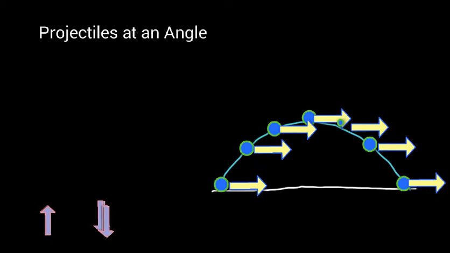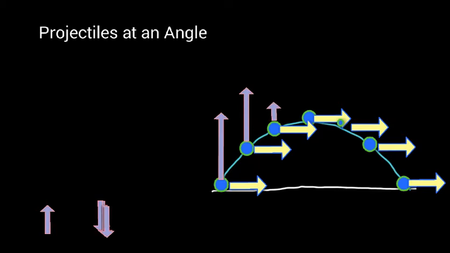However, in the y direction, we'll see that this object begins at perhaps a much faster velocity, and I'll do my best to show that by changing the lengths of these arrows. So this one will be the fastest in the upward direction, in the y direction, and then this next vector would be somewhat smaller because it's not quite as fast in the y direction. And then by the time we get to this vector, it's barely moving.